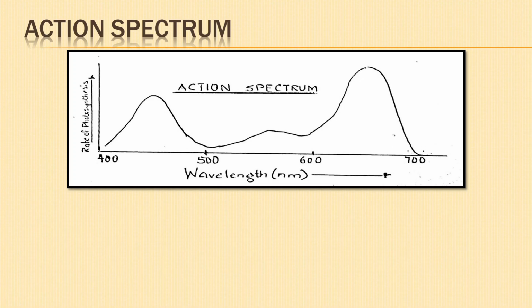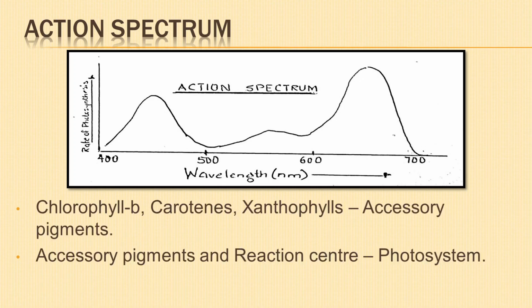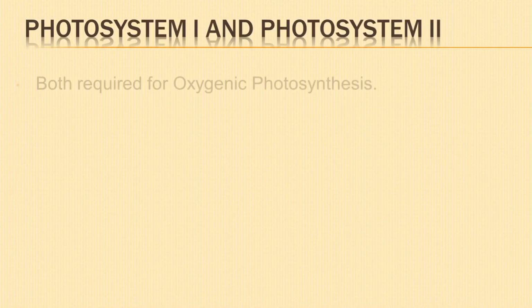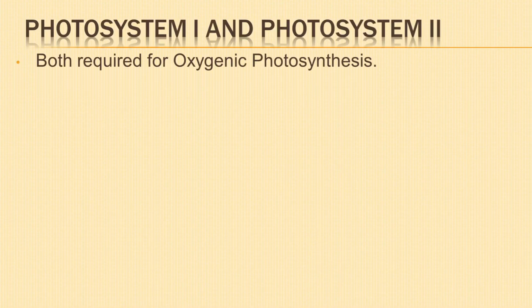Chlorophyll B, xanthophylls and carotenes are accessory pigments which also absorb light and transfer the energy to chlorophyll A that forms the reaction center. The accessory pigments and the reaction center together form a photosystem. Both photosystem 1 and photosystem 2 are required for oxygenic photosynthesis.